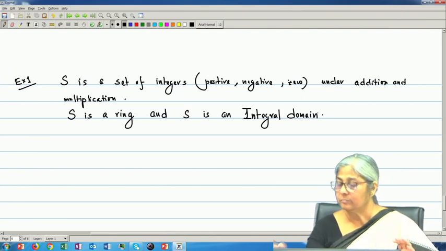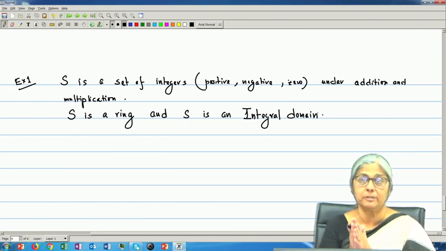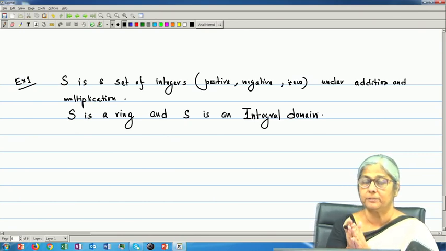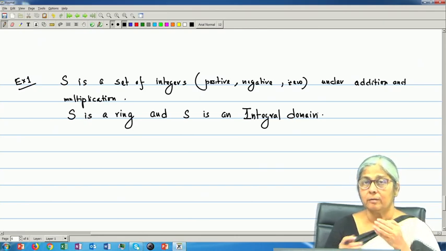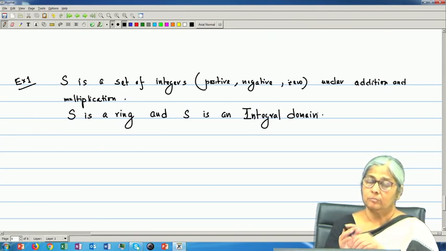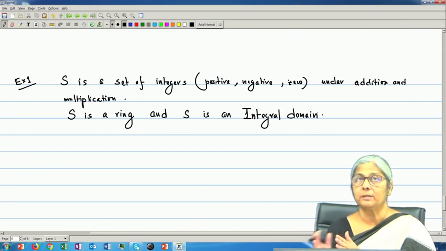So, we have read mainly the definition of ring, how an algebraic system becomes a ring, and what the properties are over the group, the other algebraic systems that we have read earlier.